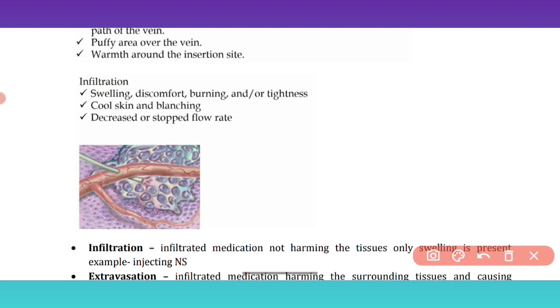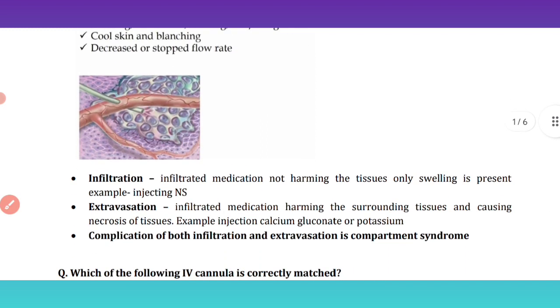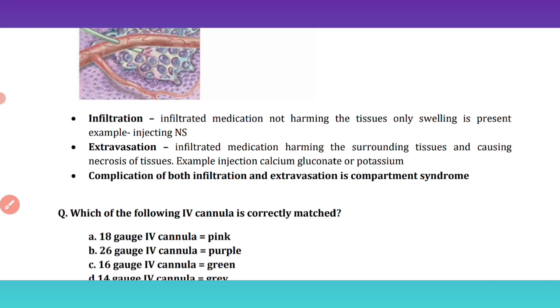Infiltration. Mostly there is confusion for many students about the difference between infiltration and extravasation. See, the mechanism is the same for infiltration and extravasation. In infiltration, you insert the needle, the needle punctures the vein and enters the tissues, and if you infuse any fluids, they accumulate in the tissues.